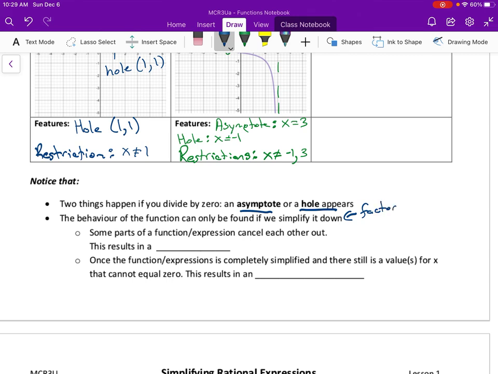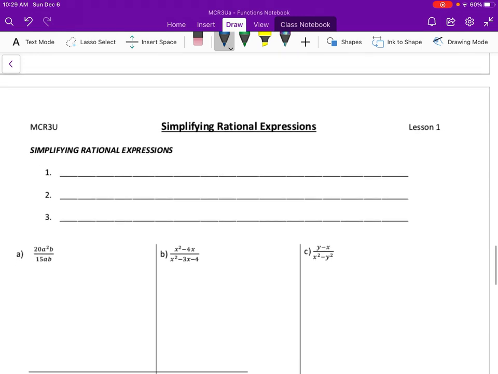When some parts of the function or expression cancel each other out, this results in a hole. So that's when we divide the common factor. And once the function is completely simplified after we've divided everything that we can, and there's still a value for x that cannot equal 0, that results in an asymptote. So just exactly what we were doing right there.